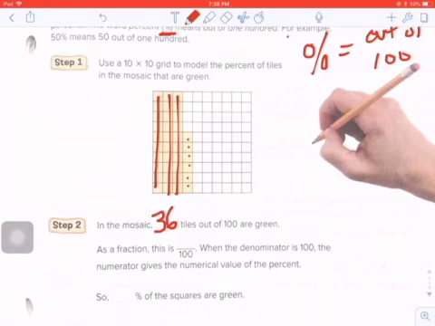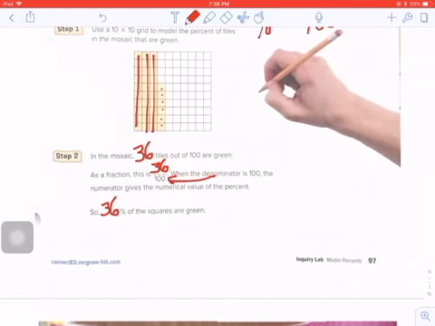As a fraction, this is 36 hundredths. When the denominator, which means the bottom number, is 100, the numerator gives the numerical value of the percent. So it is 36% are green. Okay, let's keep going here.